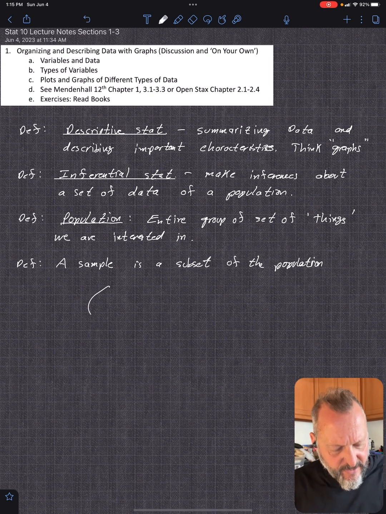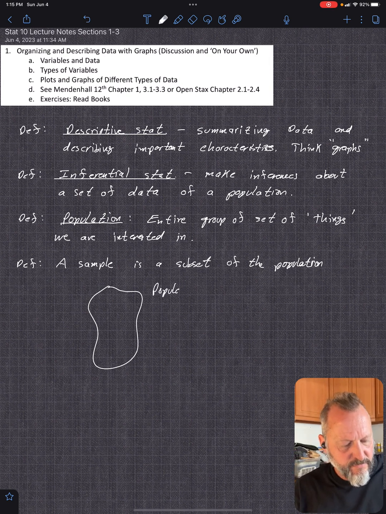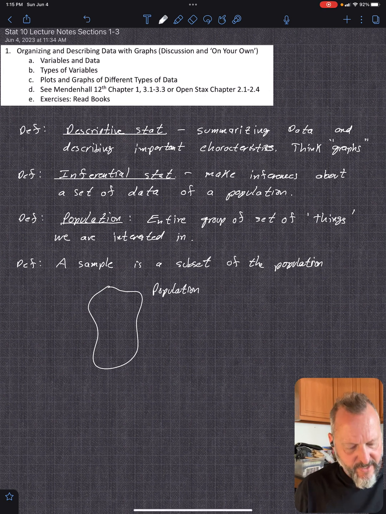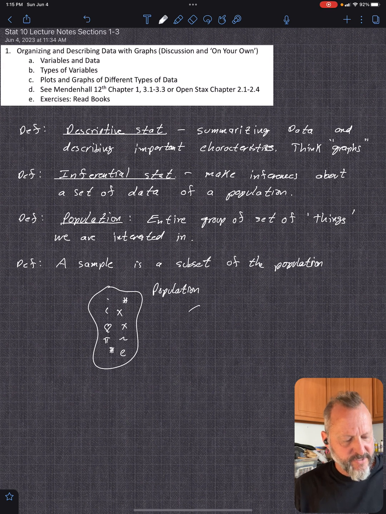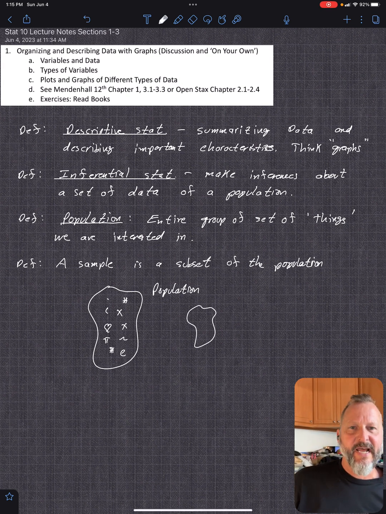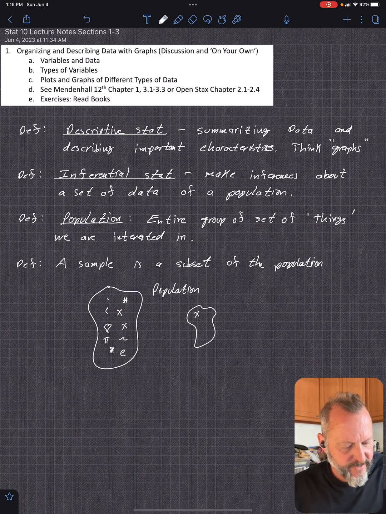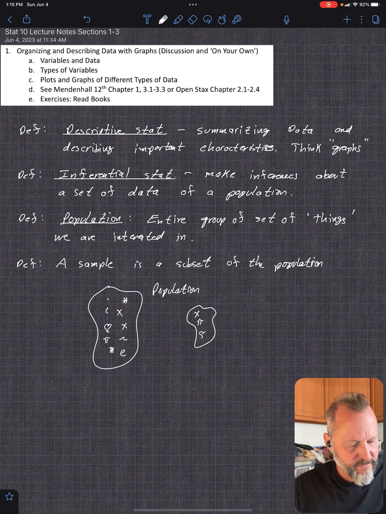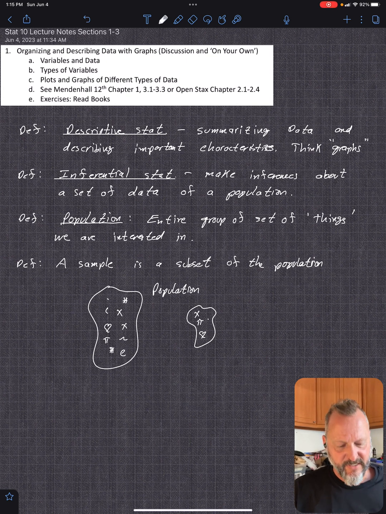So if you have this as your population, and you have all these different things in it, then the sample would be a subset of that population. Okay, so that's the sample of the population, which is clearly a subset of that.